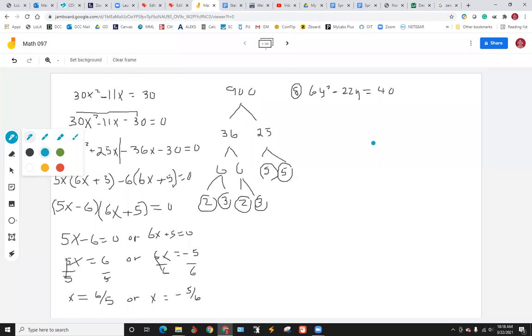All right, so yeah, let's see what happens. So like I said, I'm going to take out the GCF. Well, first of all, I'm going to rewrite it with the 40. Or minus 40.